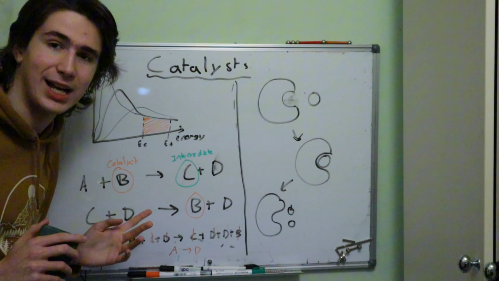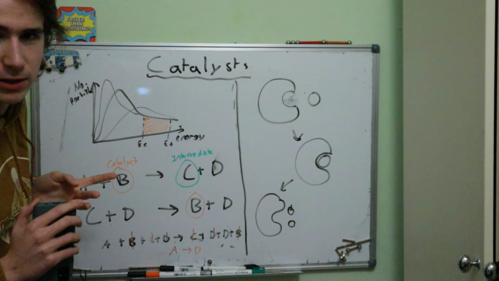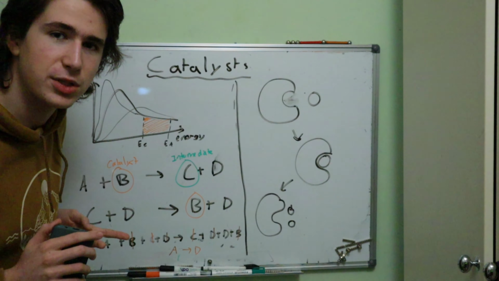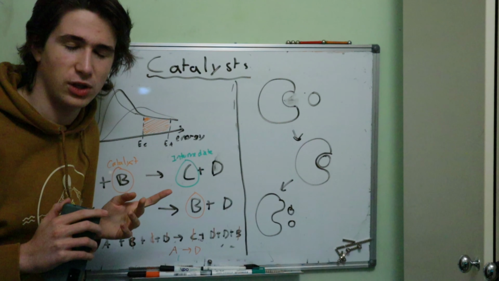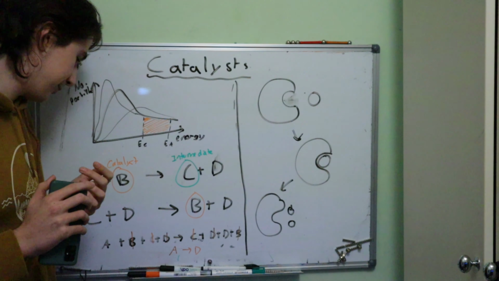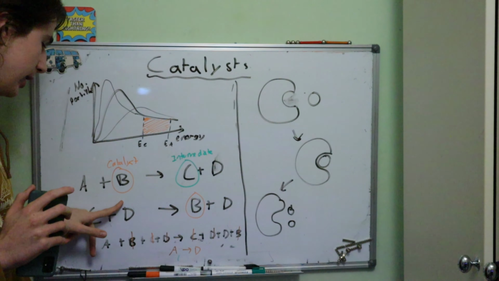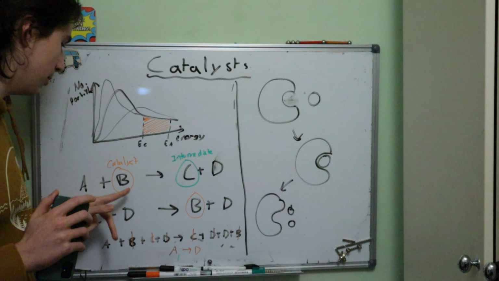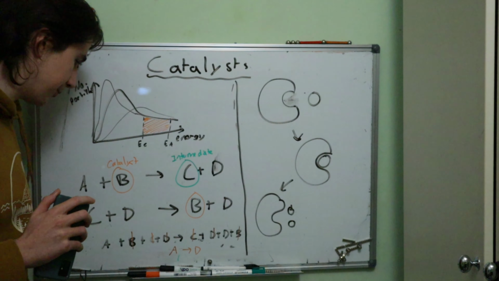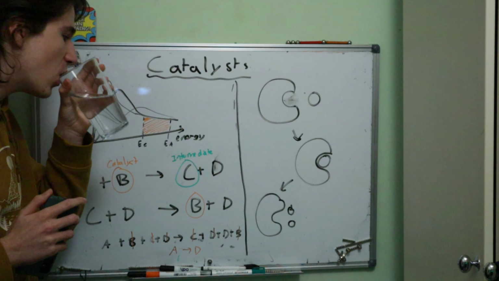So, how do catalysts actually work? Well, I said that they provide a different reaction pathway, but how does this separate reaction pathway actually work? So, you've got A plus B, where A is just the reactant and B is the catalyst, as highlighted.